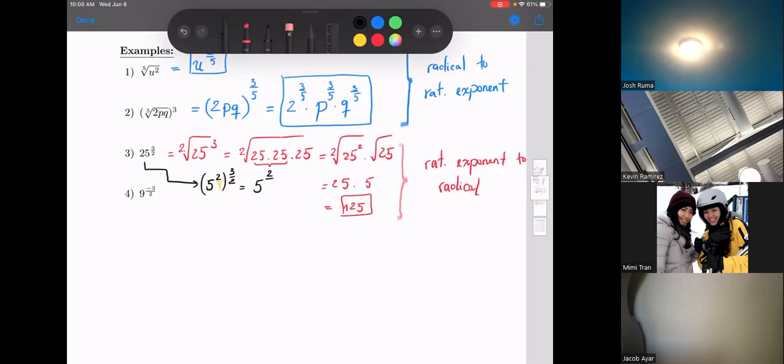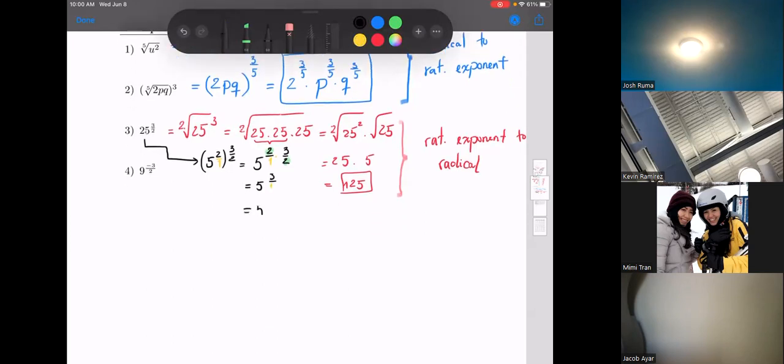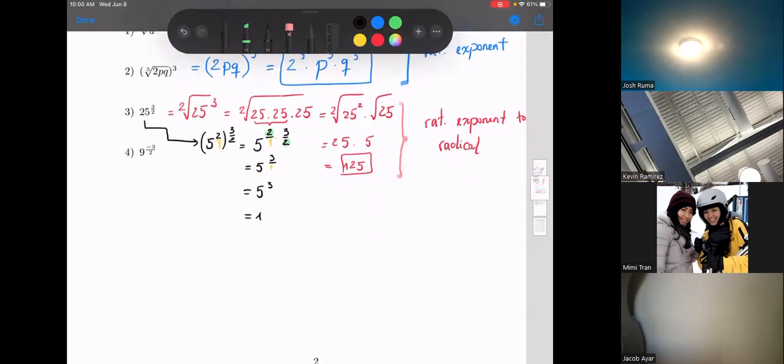This 2 and this 2 cancel. There you go. So now it's just 5 to the 3 over 1, which is 5 to the third. What's 5 to the third? 125. So like I said, it depends on the situation. If you do enough homework, you kind of know what you want to do in terms of choosing a method.